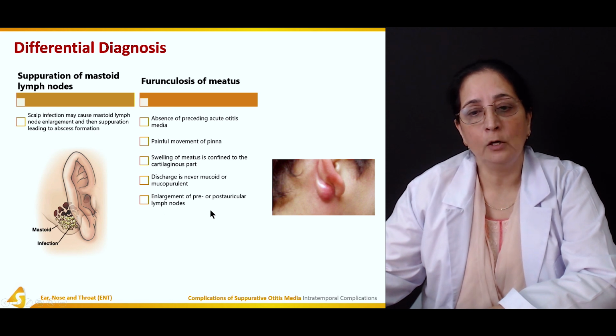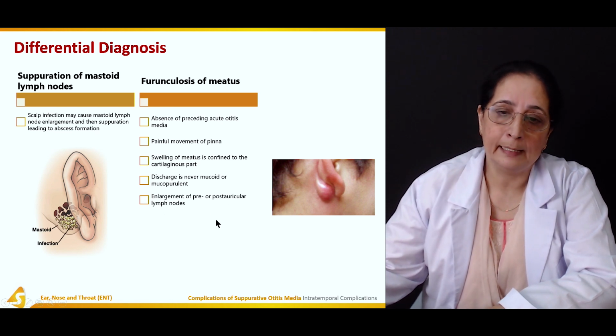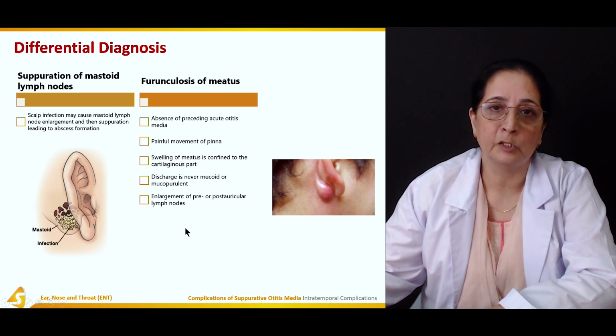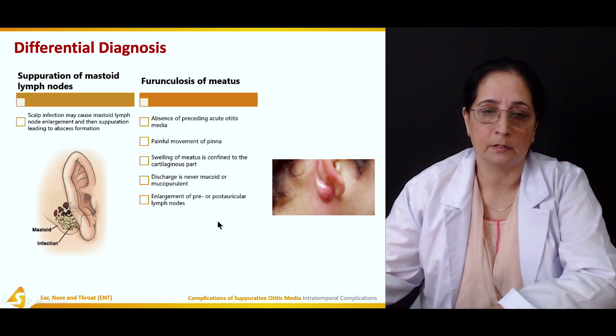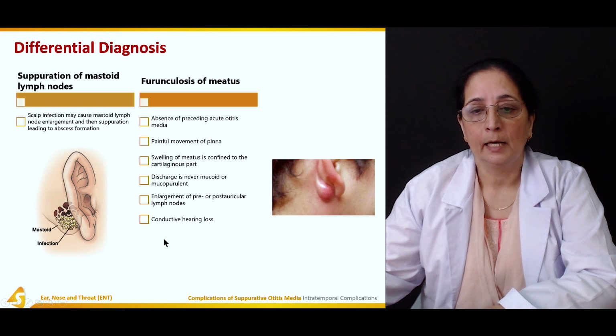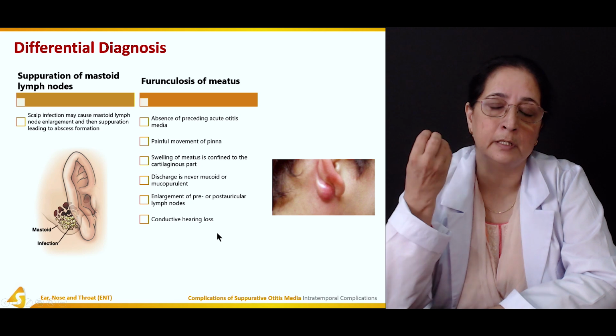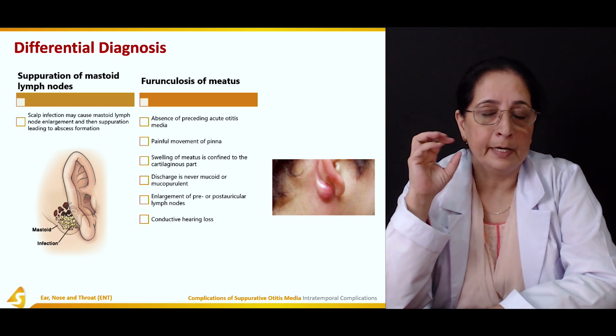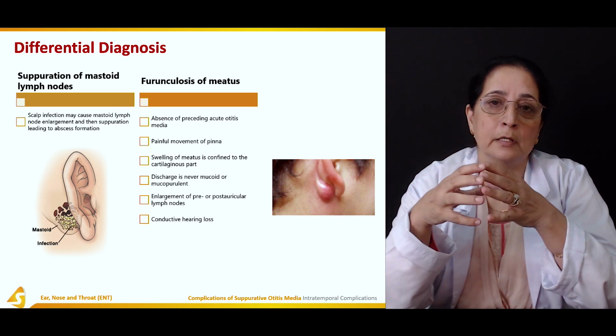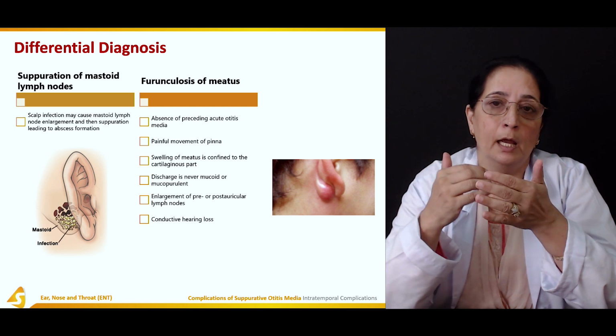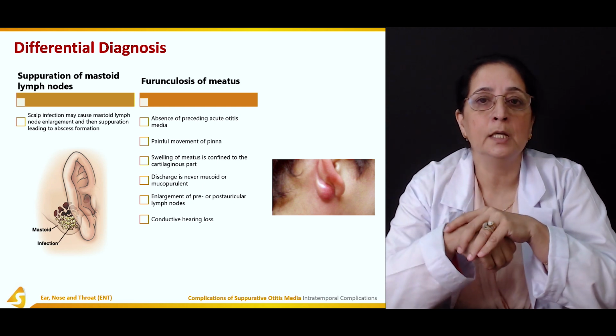Enlargement of pre- or post-auricular lymph nodes. There will be enlargement of the lymph nodes also. Conductive hearing loss, because there is a furuncle in the meatus and that is causing obstruction to the passage of the sound waves.